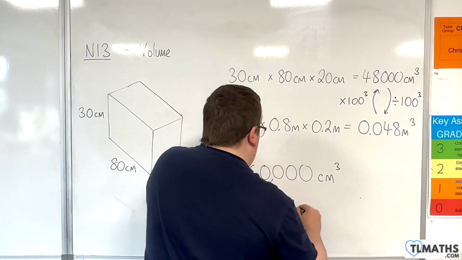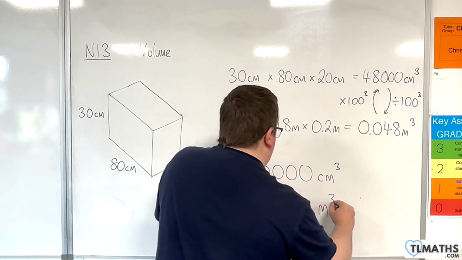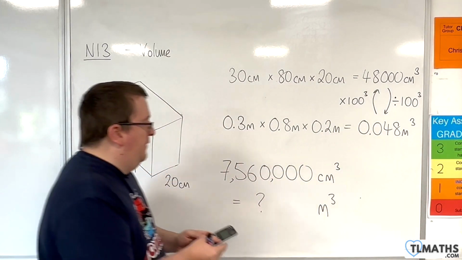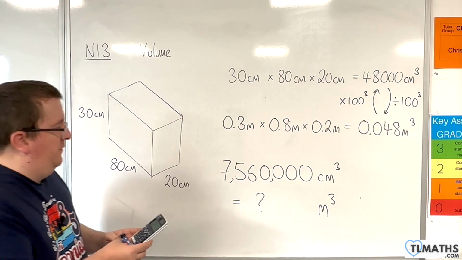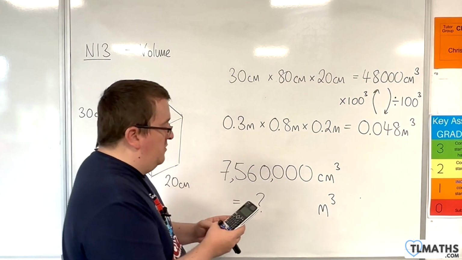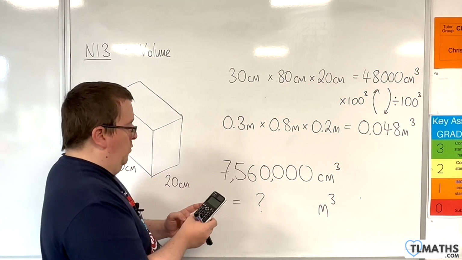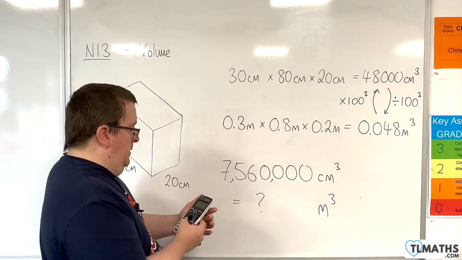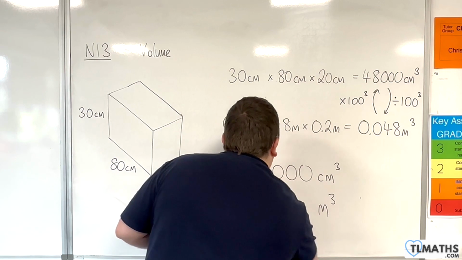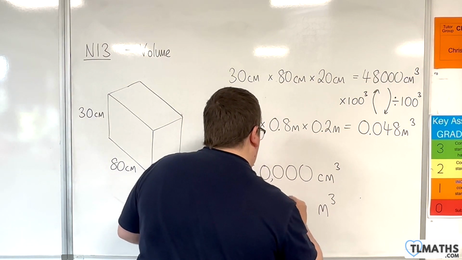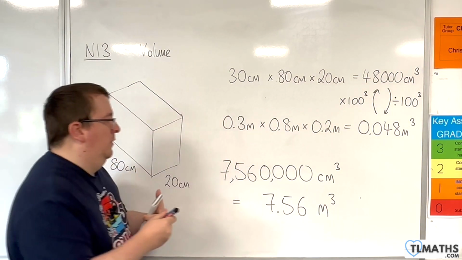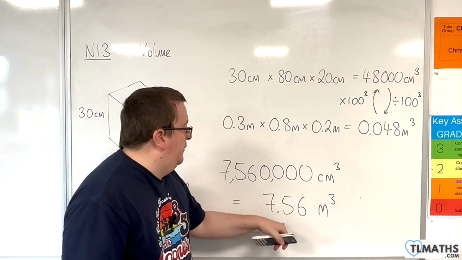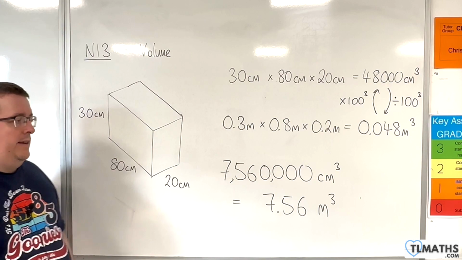What is this as cubic metres? Well, I need to divide the 7,560,000 by 100 cubed. And that gets me 7.56 cubic metres. And so these are the same volumes, but just in different units.